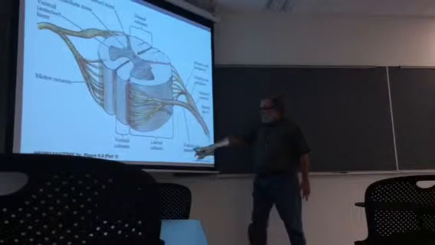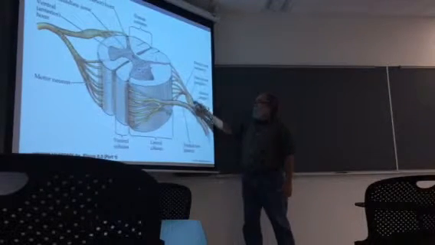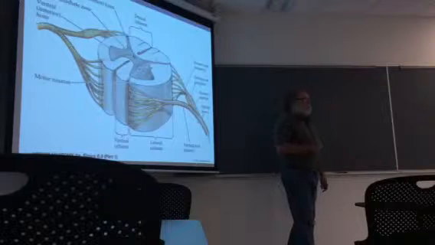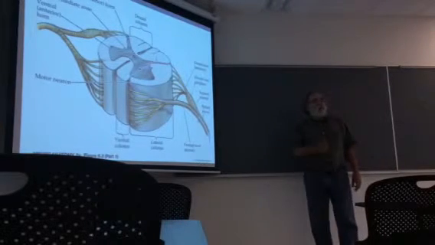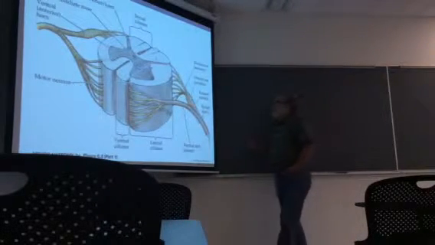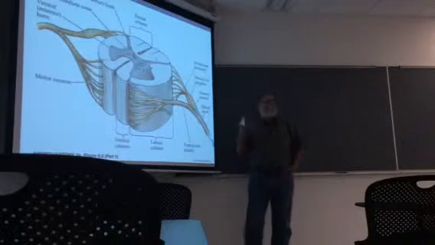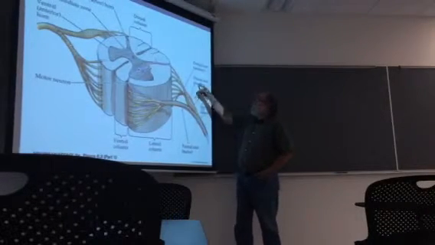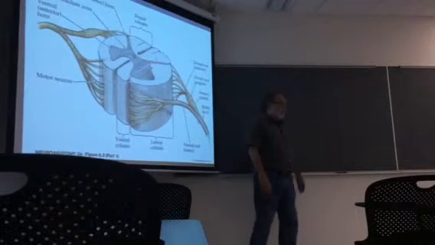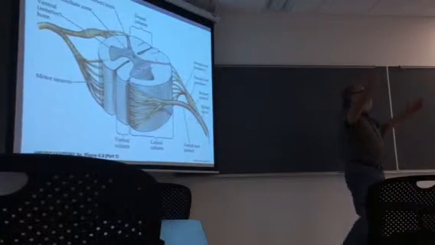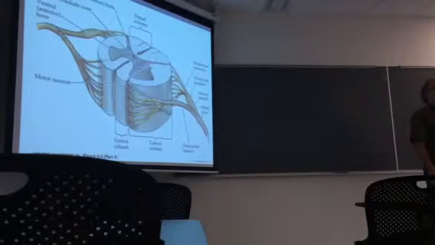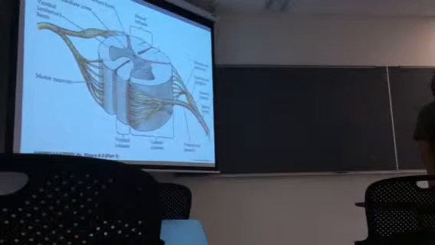And it has a motor component and a sensory component. Now the important thing that should help you remember which is motor and which is sensory is the dorsal root ganglion. What's a ganglion? Yeah? A collection of neuro cell bodies.